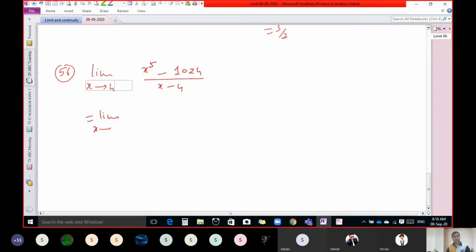So see, if you put x equal to 4, we get 0 by 0. Check it, because 4 raised to 5 is 1024. And so you can write this like x raised to 5 minus 4 raised to 5 upon x minus 4.